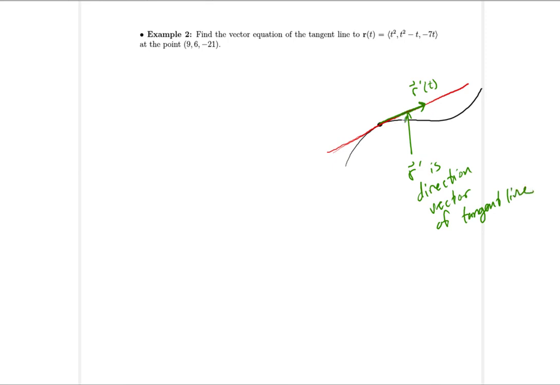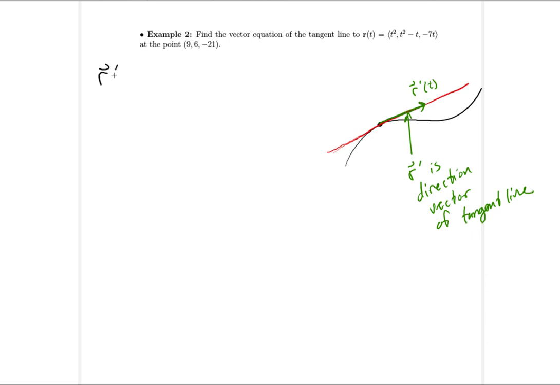So when we create this tangent line, we know what we're shooting for as our direction vector. And then, of course, what do you need? You just need a starting vector. Well, guess what? That's your starting vector, going to that point. So if the origin's somewhere down here, then we just use that as our starting vector, and there's our line. Okay, so let's go ahead and calculate r prime first.